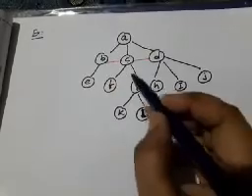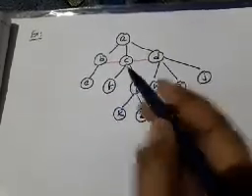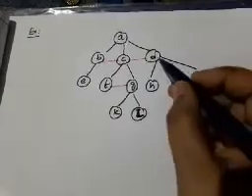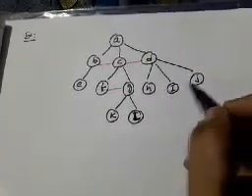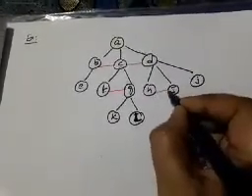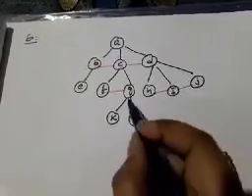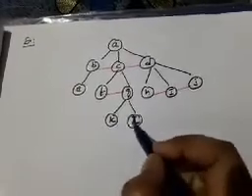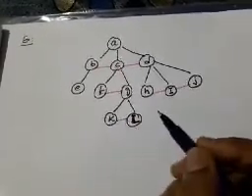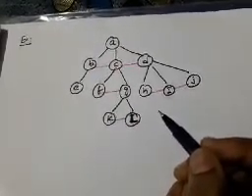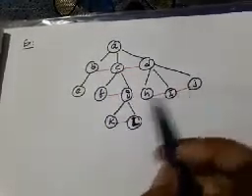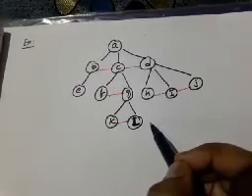Now when it comes to C we have F and G, so connect F and G. D contains H, I, J, so these are 3 siblings, connect them. And when it comes to G, it contains 2 children, so K and L are siblings. So this is step 1 where we connect the siblings with edges.